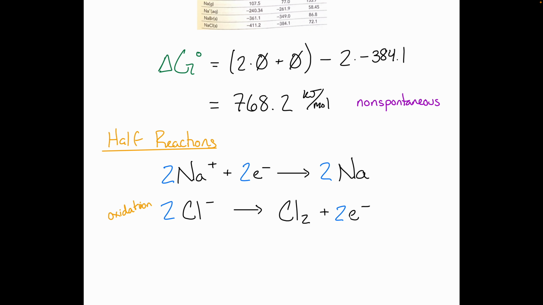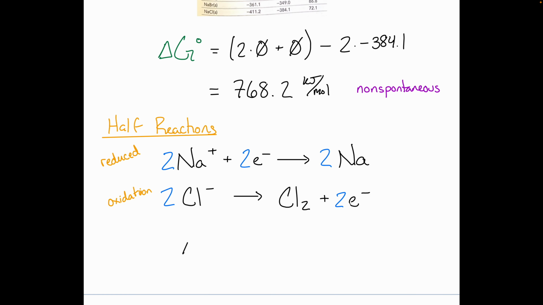All right, so we need our chlorides to be oxidized and to reduce those 2 sodium ions. And again, this is the exact opposite of what these things want to do. Sodium wants to lose electrons, chlorine wants to gain electrons. So again, these are non-spontaneous.